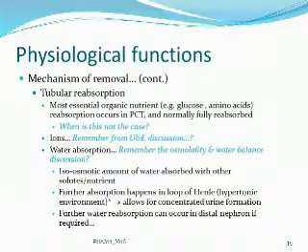Tubular reabsorption is reabsorbing all the organic nutrients that our body needs, things like glucose, amino acids, vitamins. All of this reabsorption of essential nutrients occurs at the proximal convoluted tubules, and normally all the nutrients that the body needs would be reabsorbed.